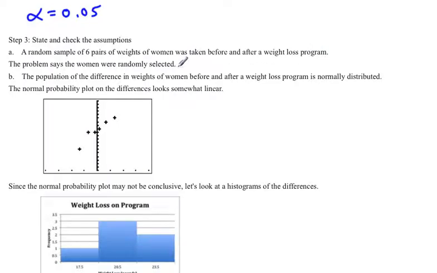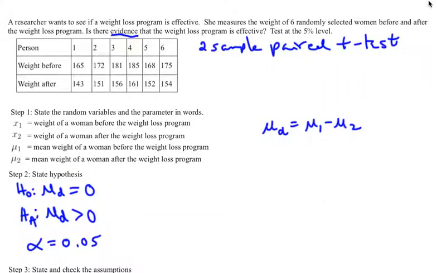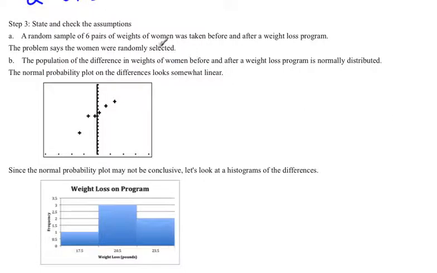We actually know that this is checked because if you look back at the problem, it says that we randomly selected the women. So that assumption's been checked. The second assumption in a paired test is, because we care about that mean difference, we're going to look at the differences in what we measured. So it's not the population of each individual one, it's that the population of the differences in the weights of women before and after the weight loss program is normally distributed.